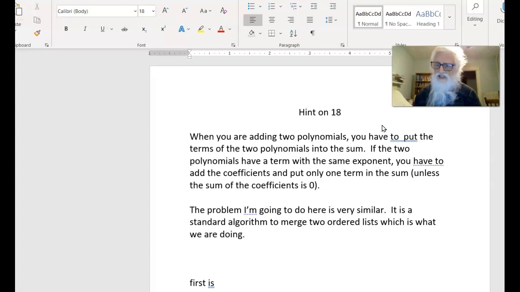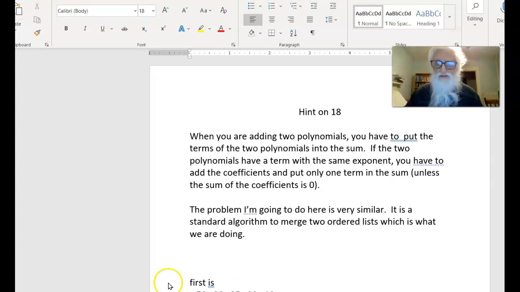So the largest exponent is in the 0th place, and then the next largest in the 1 place, and so on and so on. Now, you could think of that as a list ordered by the exponents. And what you're doing is taking those two lists and merging them together.